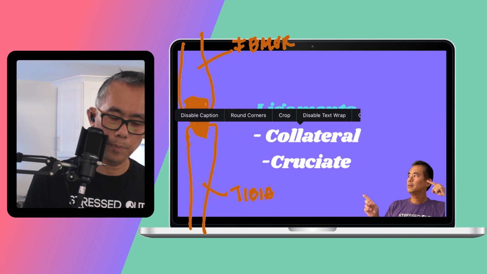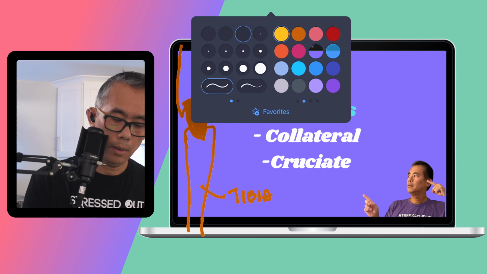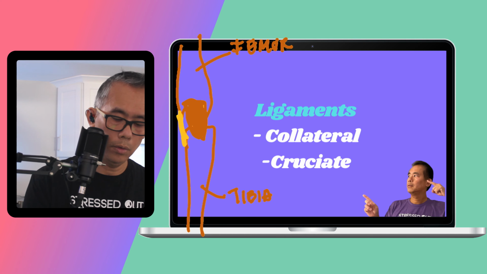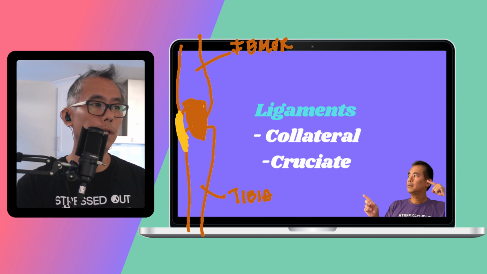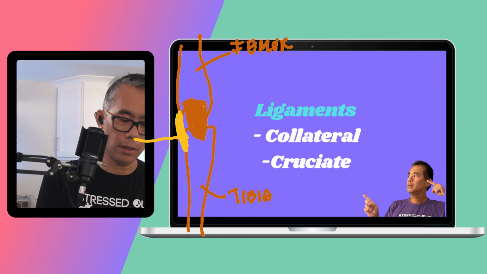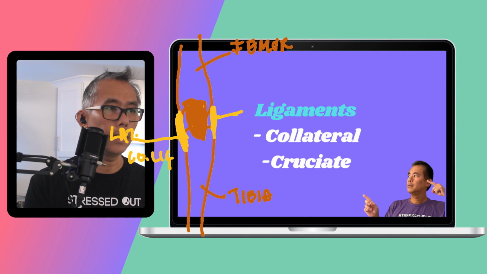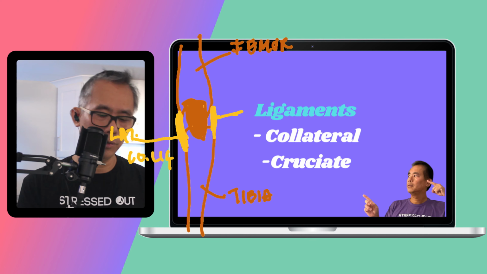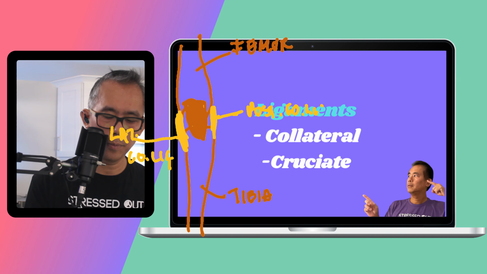This is one of the collateral ligaments, which we call the lateral collateral ligament, and that's another one here. So that's lateral, and this will be the posterior collateral ligament.